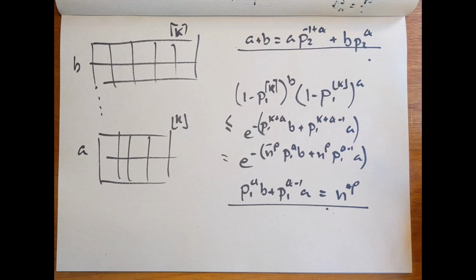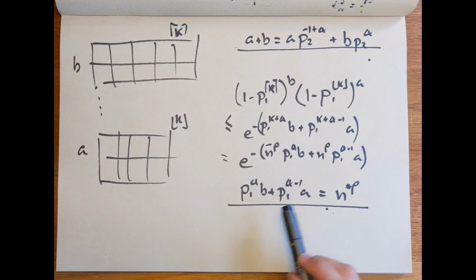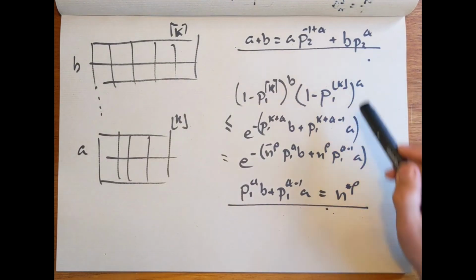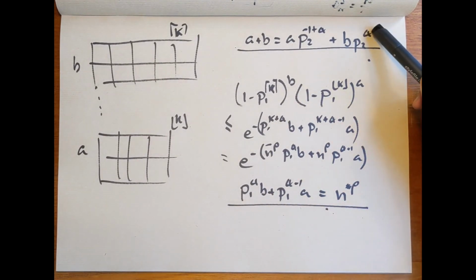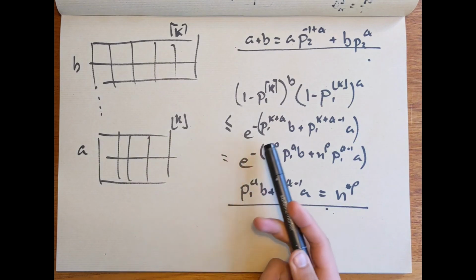So we now have these two equations, the one that we need to have enough success probability and the one that bounds the amount of work that we do. We also have two unknowns, a and b. Remember that p1, p2 were given, n is given, alpha is given from our formula for k.